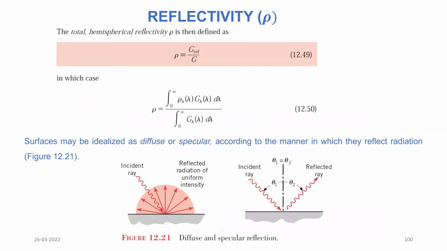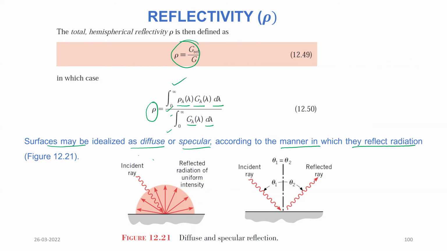So once again, total reflectivity is G reflected divided by G, and rho can also be calculated as the integral of rho lambda G lambda d lambda divided by the integral of G lambda d lambda, both integrated over the range 0 to infinity. Surfaces may be idealized as diffuse or specular according to the manner in which they reflect the radiation.